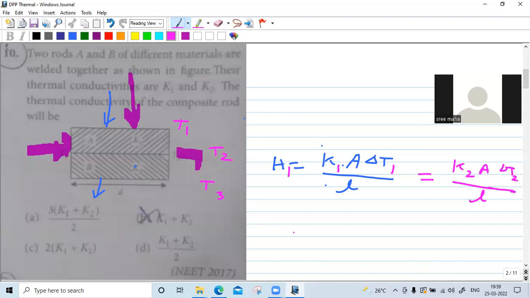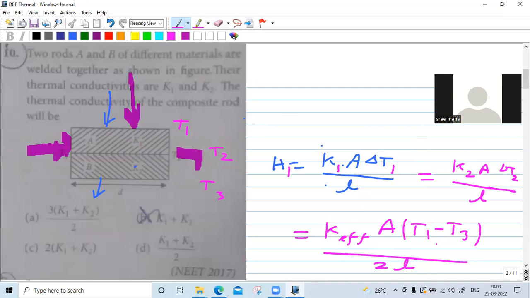This heat should be equal to some K effective into A into the temperature difference T1 minus T3 divided by 2L. Are you getting it? H1 is the heat current passing through this one. So that is K A delta T by L, right?